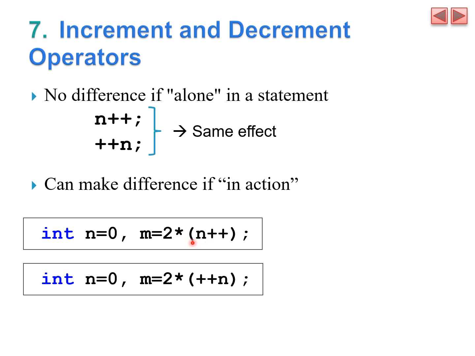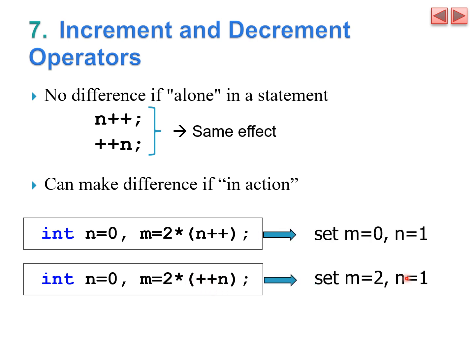The only difference between these two statements is that the first one uses the postfix increment, while the second one uses the prefix increment. In both cases, variable n is increased by 1 and gets the value 1 after the statement executes. However, these two statements set different values for m.